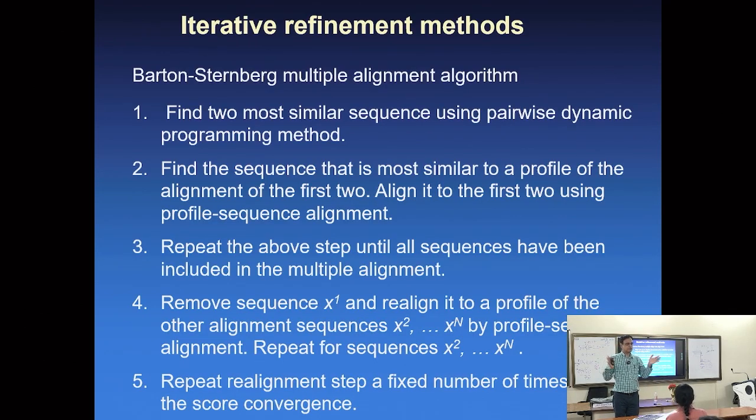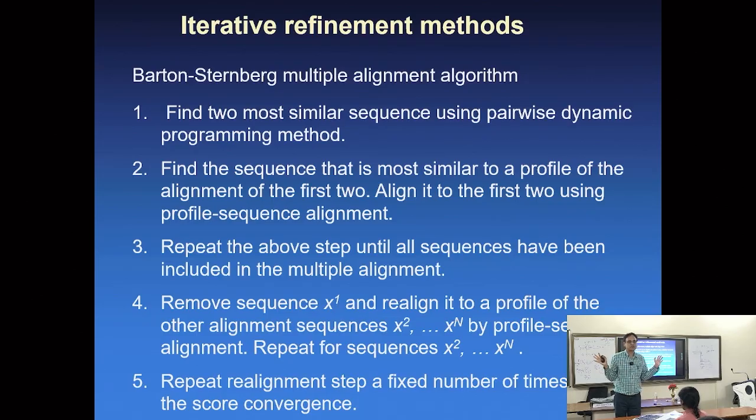Then bring the next sequence which is closest to the group of these two. Then you will have a group of 3, and then bring the next which is closest to this group of 3. Then you will have a group of 4, and bring the next until you have aligned all the sequences.